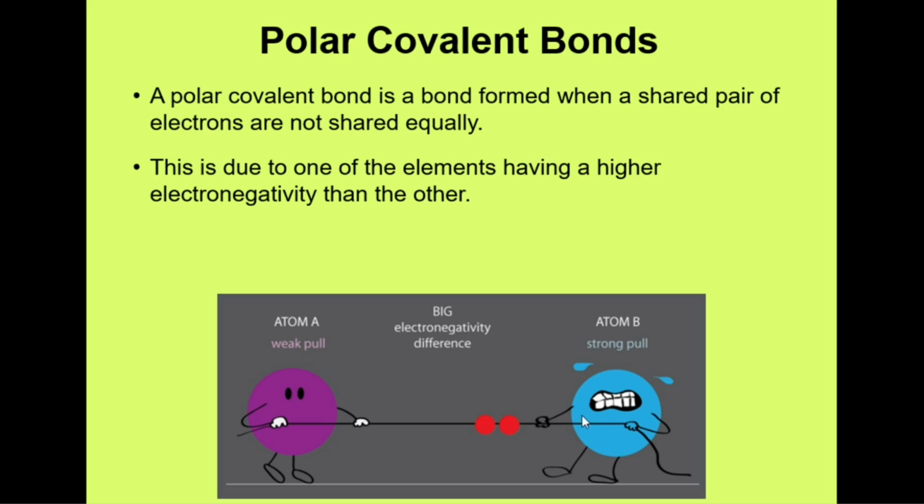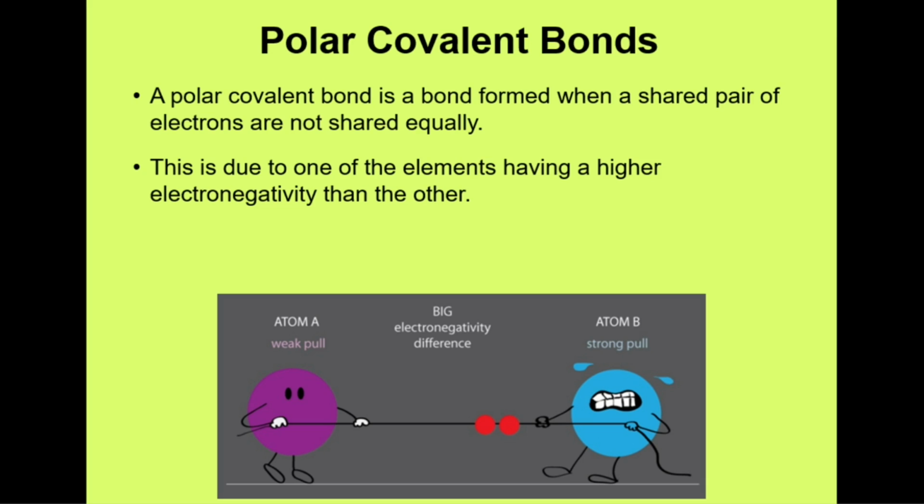So oxygen is a highly electronegative atom. What that means is, in covalent bonds, it exerts a very strong pull on the shared electrons that make up the covalent bond. And different atoms will have different levels of electronegativity.